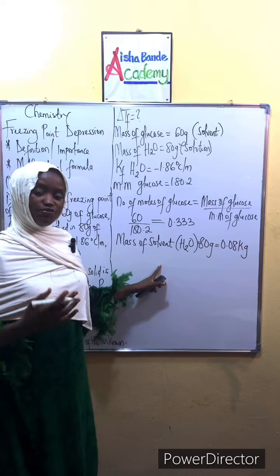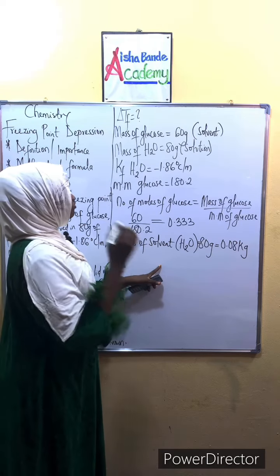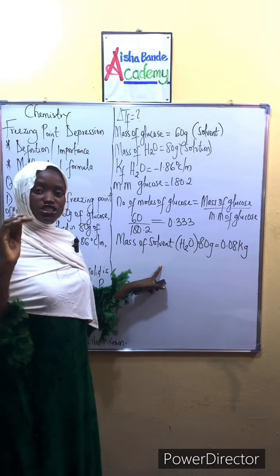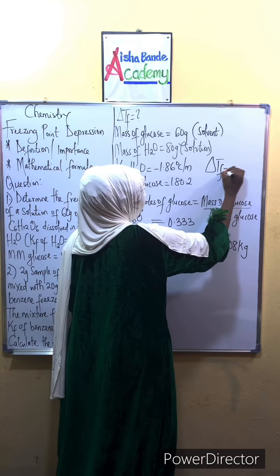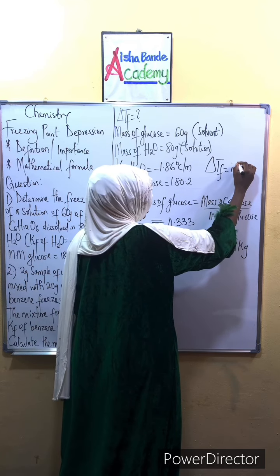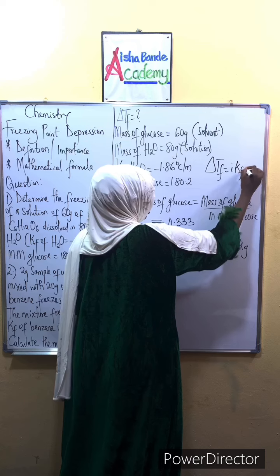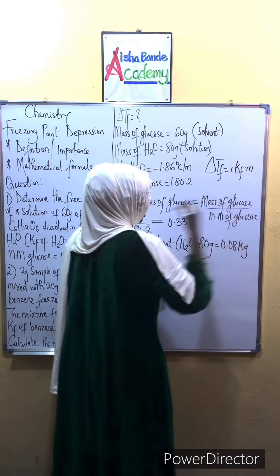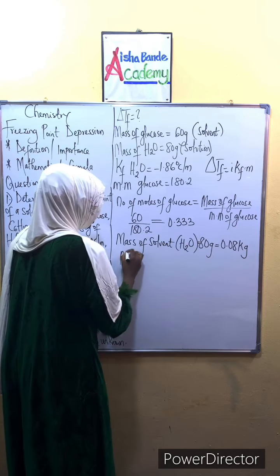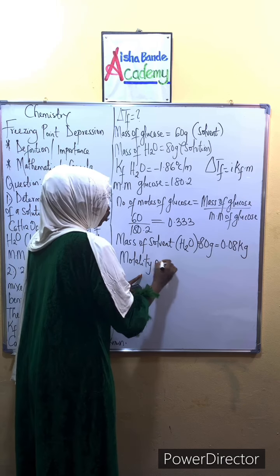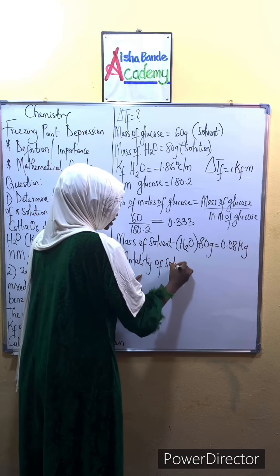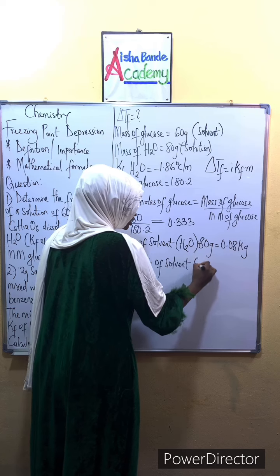Okay, now the next step is for us to find the value of m, which is the molality. Remember the formula is change in Tf equals i Kf times m. So now we have to find the molality of the solvent, which is the water.